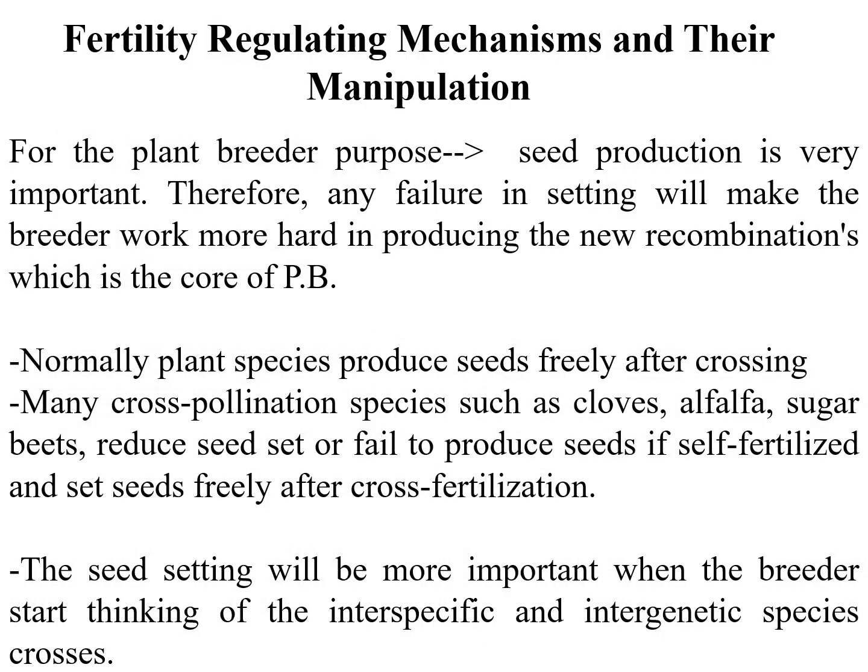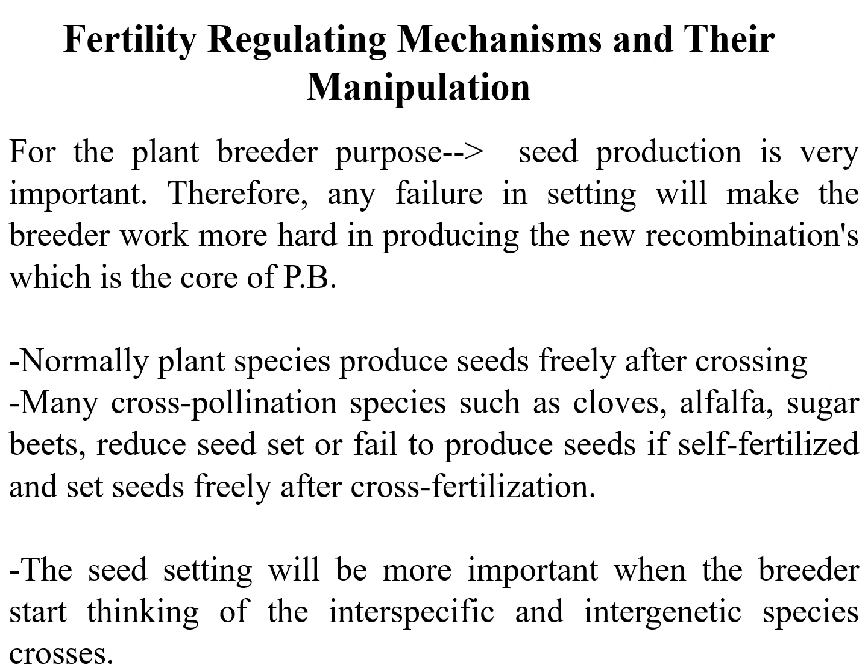Today I'm going to talk about fertility regulating mechanisms and their manipulation. Seed production is very important for breeders, especially when they are doing some hybridization between different plants to reach good recombination of different alleles.